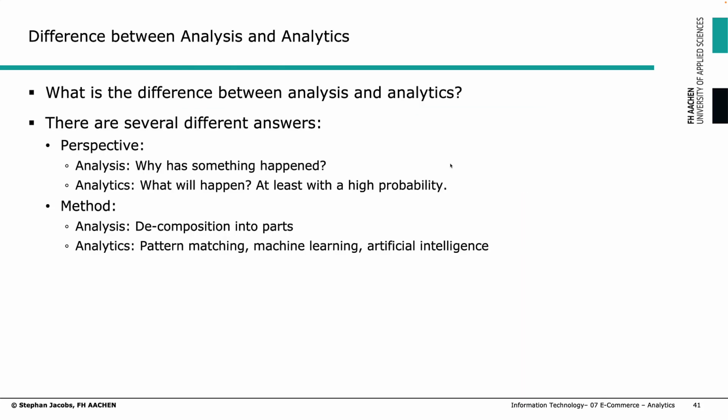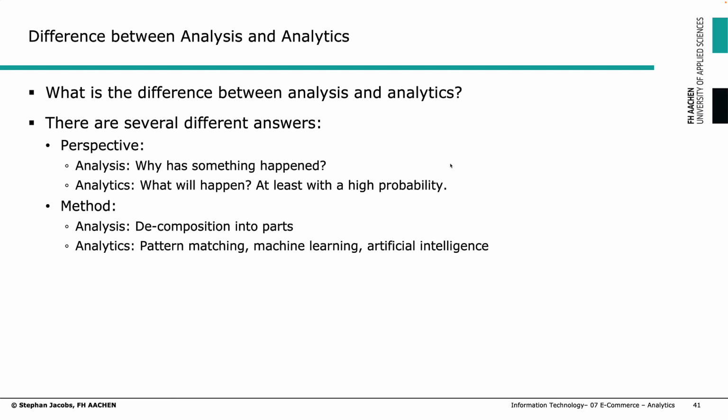One more comment on analysis versus analytics. What is the difference? Actually, there's a gray zone, so there are different definitions of what analytics is at all. One answer could be the perspective. Analysis looks at the past. What has happened? Why has something happened? Whereas analytics looks to the future.